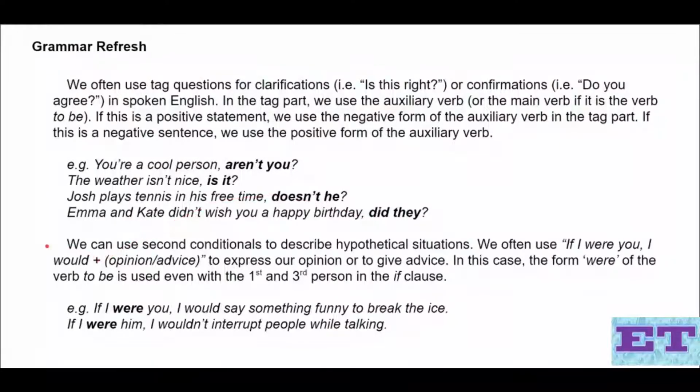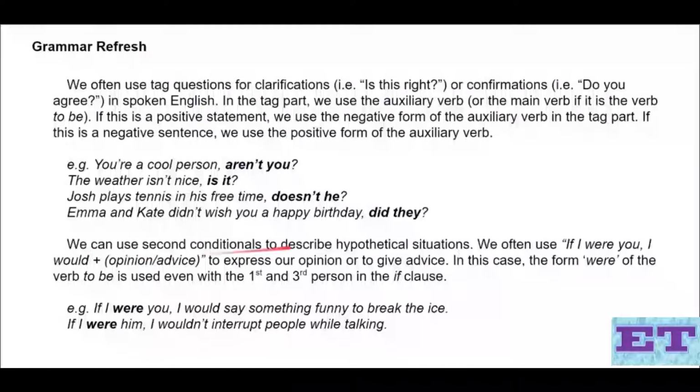The next thing we'll look at is how to use the second conditional to describe some hypothetical situation. A hypothetical situation is something that didn't happen, but it's possible. You're just thinking about in the future if it did happen.